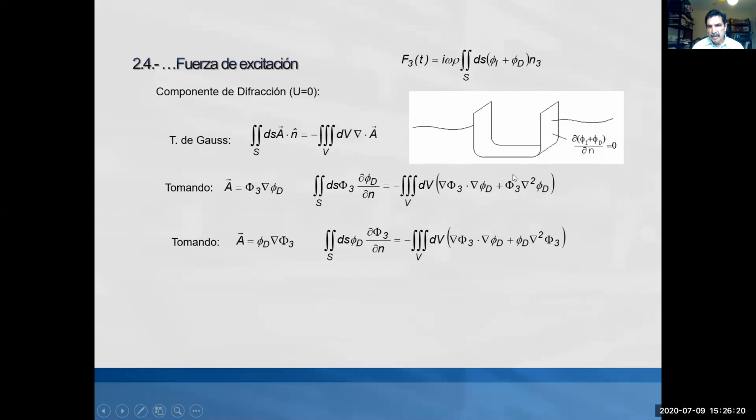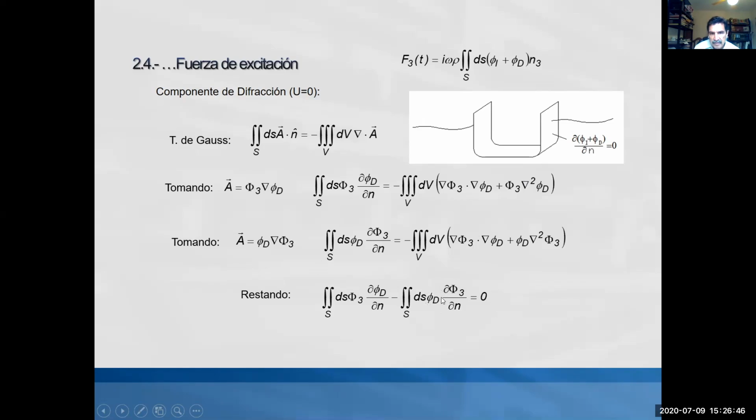And you see that this term here is 0, and this term here is 0, because you have to satisfy Laplace's equation. So if these two are 0, these two terms are equal, which means that the left-hand side has to be equal. And this is what we have. So if we subtract, they have to be the same. So this is equal to 0. Okay?